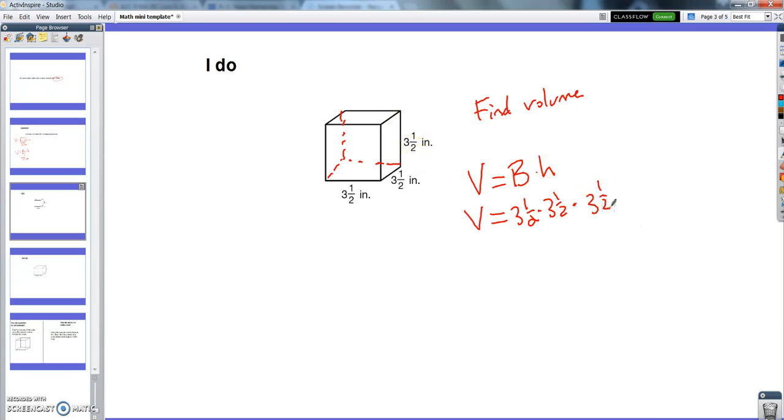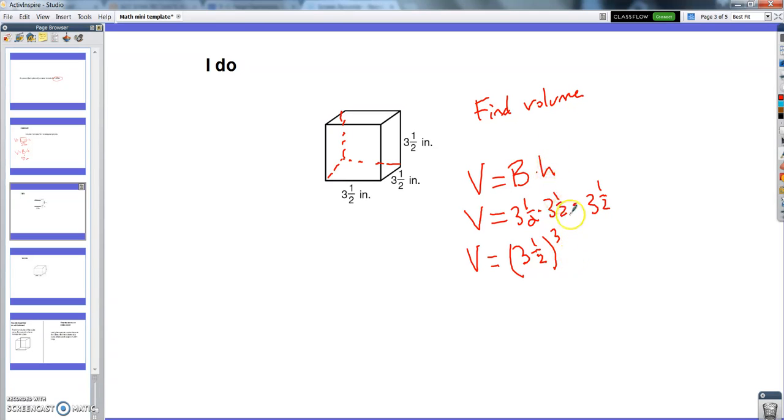When you use a cube in particular, since the length, the width, and the height are all the same, you end up with the same number multiplied by itself 3 times, which I could rewrite as the volume is going to be 3.5 to the third power. 3.5 times 3.5 times 3.5 is 3.5 to the third power.